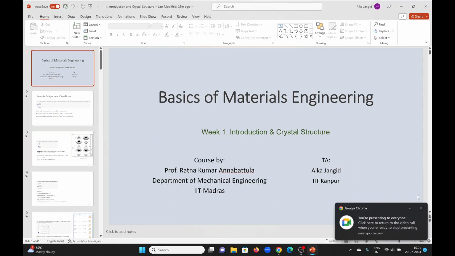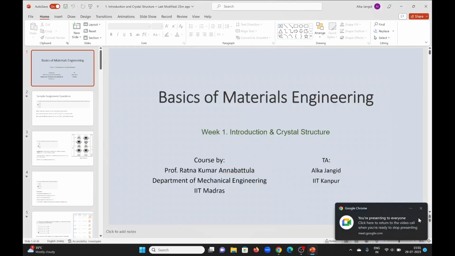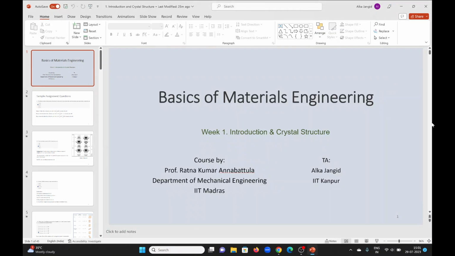So everyone, welcome to the course Basics of Materials Engineering. In week 1 we'll be studying introduction and crystal structure. This course is taught by Professor Ratna Kumar from the Department of Mechanical Engineering, IIT Madras.